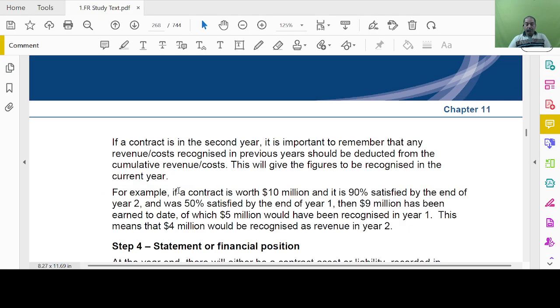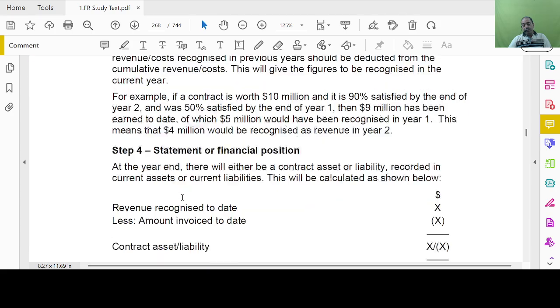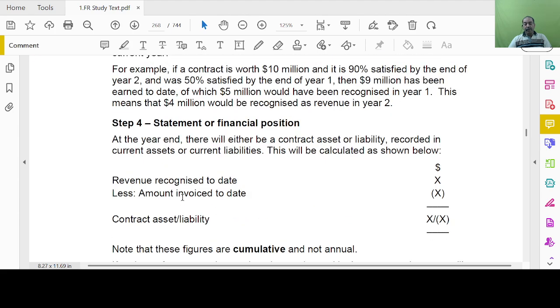Step number 4 will then decide as to whether there is a contract asset or a contract liability in the balance sheet. So from the earlier steps, you will come to know what is the amount of revenue receivable. Then from that amount of revenue receivable, you minus the amount that is already received. The balancing figure is the net amount receivable.